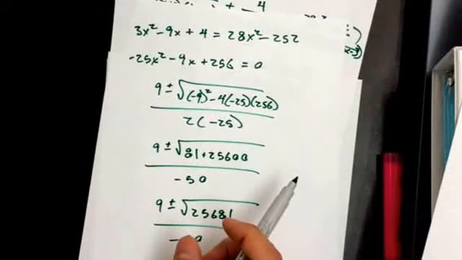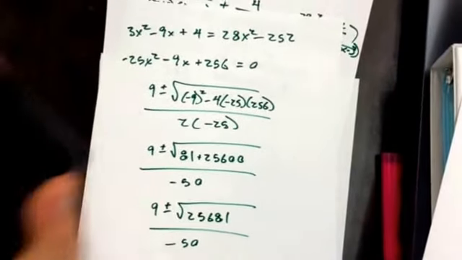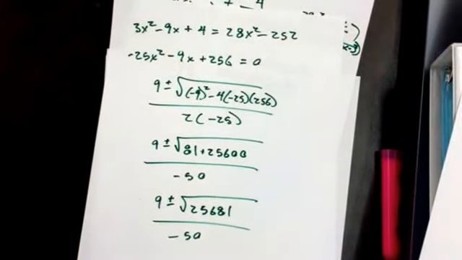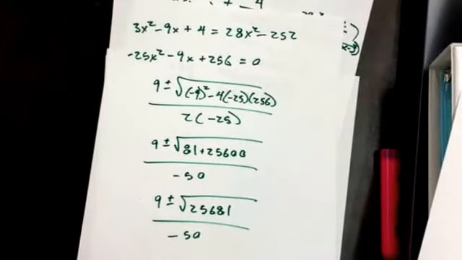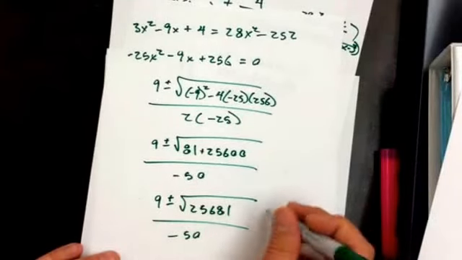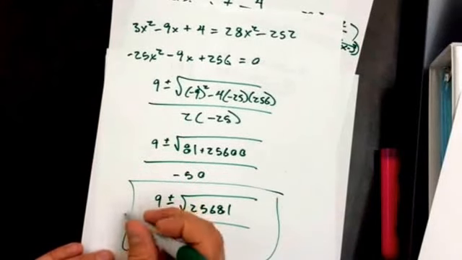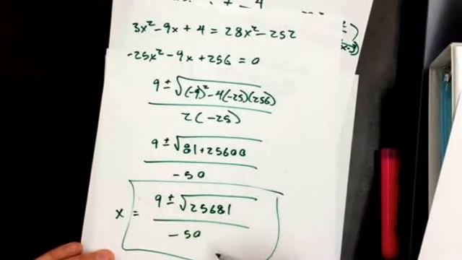See if I can simplify that square root. I don't know if I can. Square root 25,681. I can't simplify that, guys, so I'm going to leave this as my answer. X equals positive and negative right here.